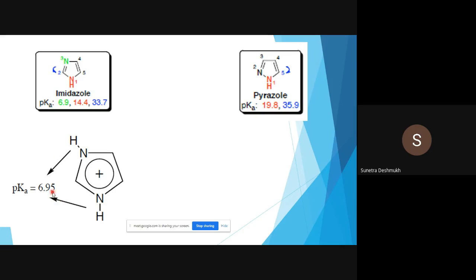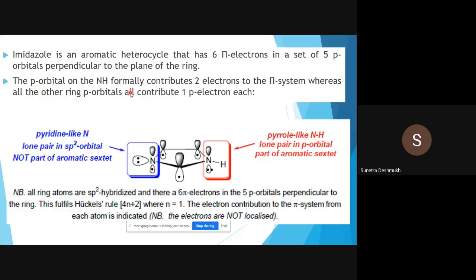So it's 6.95. Okay, so here you can see the NH value in normal free imidazole is 14.4. That one is changed to 6.95. So this protonated imidazole becomes highly acidic. Okay, this molecule becomes highly acidic upon protonation. So we'll see one by one all these things.